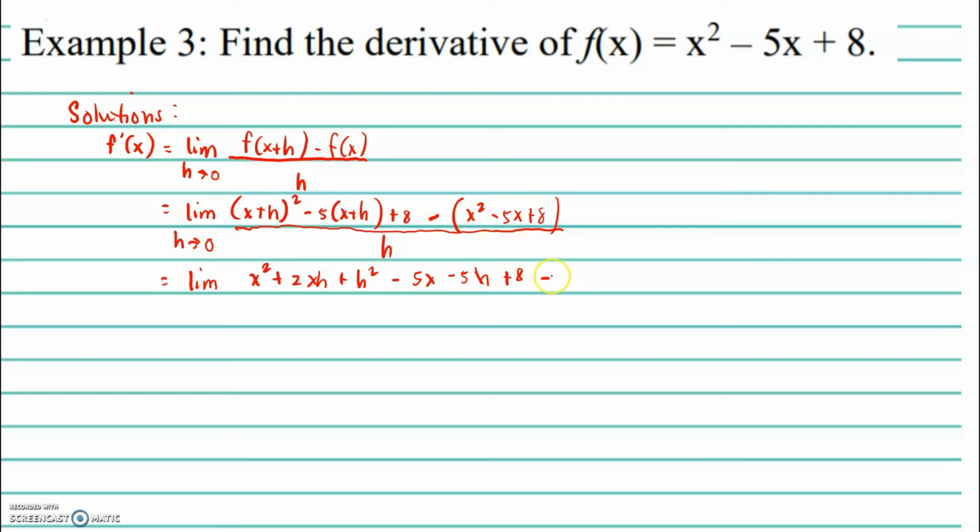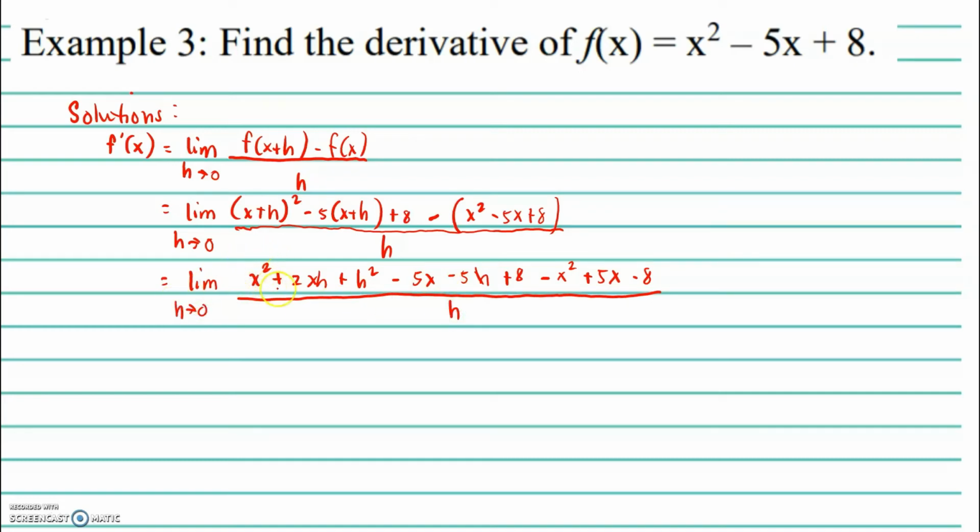Distribute the negative sign, so you have minus x squared plus 5x minus 8, all over h as h approaches 0.